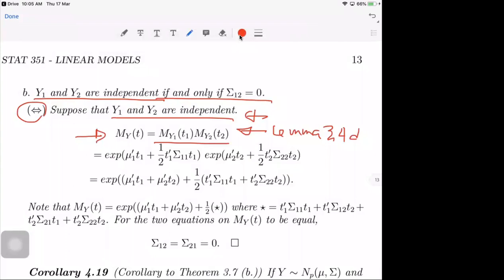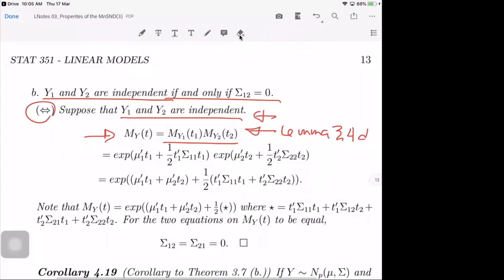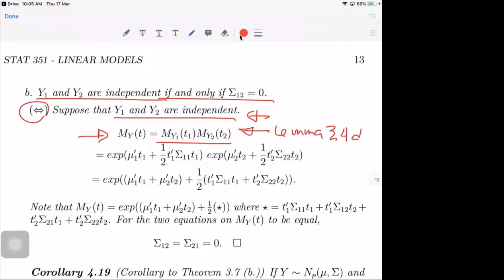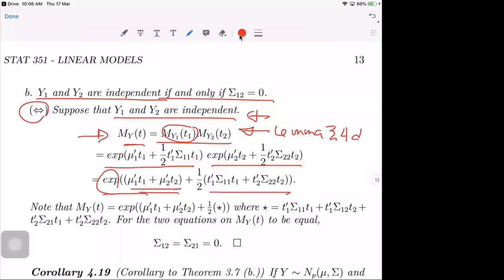You can have the moment generating function as the product of its marginals. But this one from the previous result can be expressed in this one times this one. And joining the exponentials, everything in one exponential, you can have this one and this one.